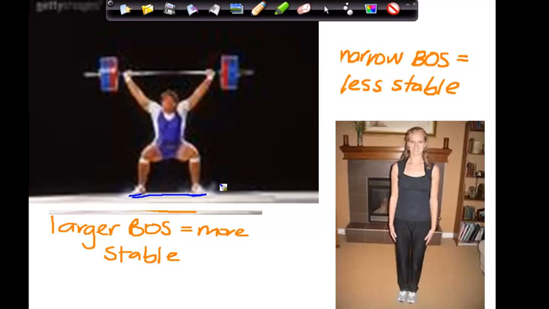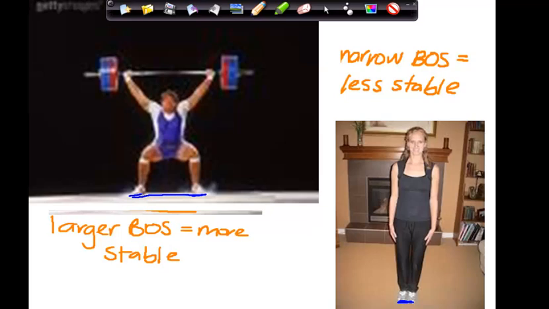Alright, and if we look at the lady on the far right here, the feet, once again, are in contact with the ground, and her base of support is this distance here. As you can see, her base of support is quite narrow, which means she is less stable than the person on the far left.